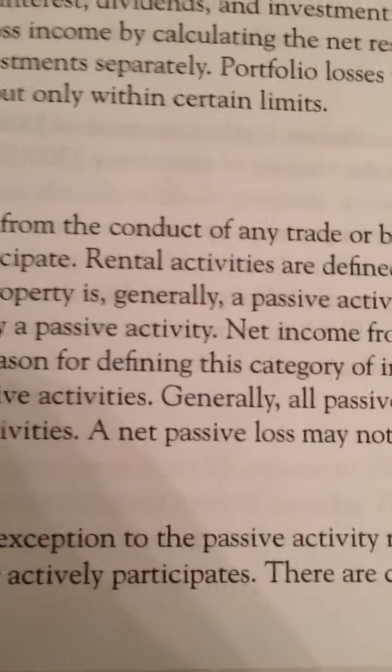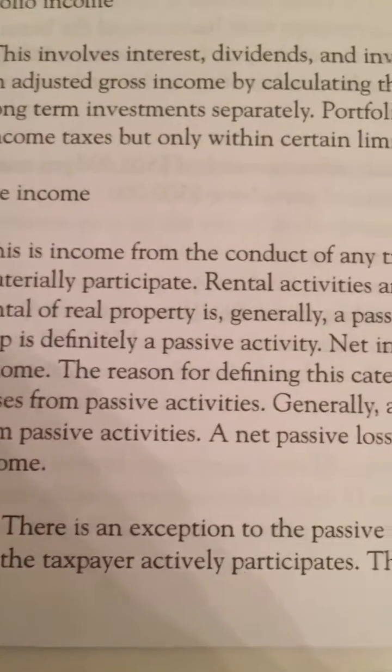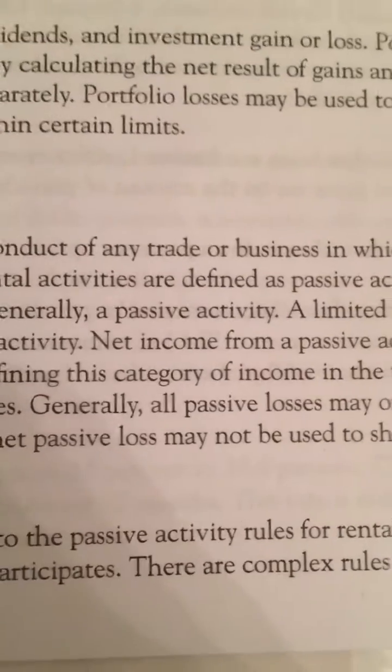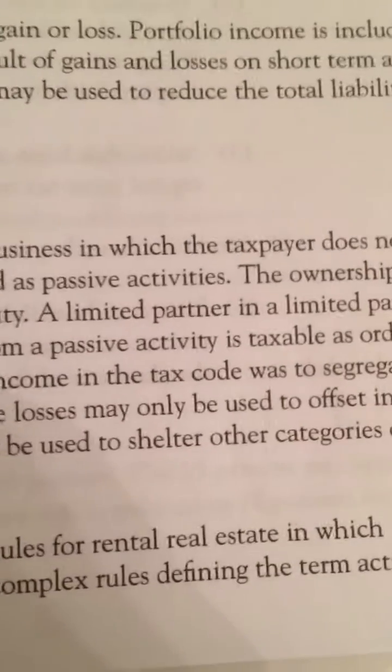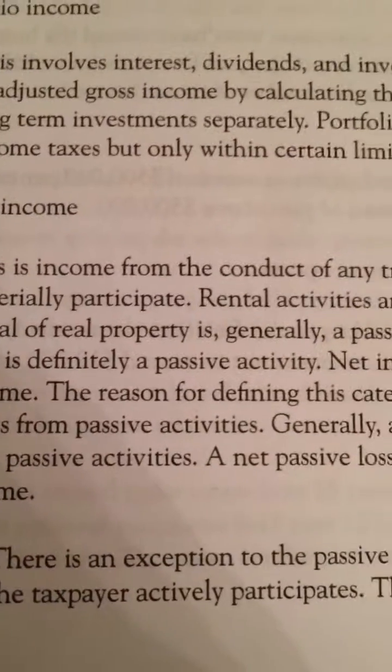The reason for defining this category of income in the tax code was to segregate losses from passive activities. Generally, all passive losses may only be used to offset income from passive activities.